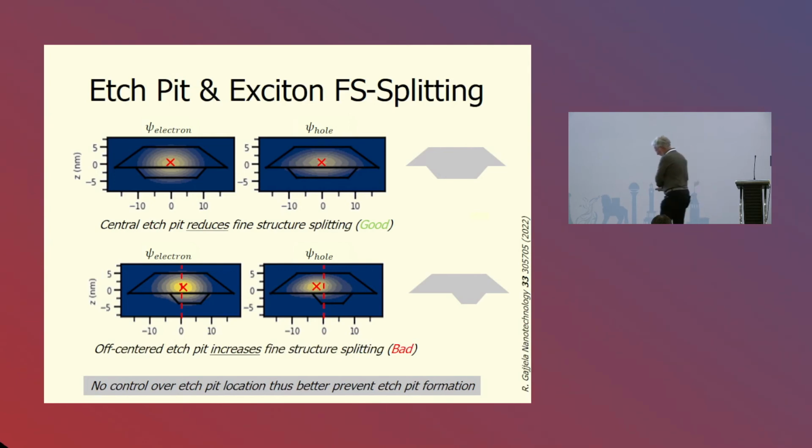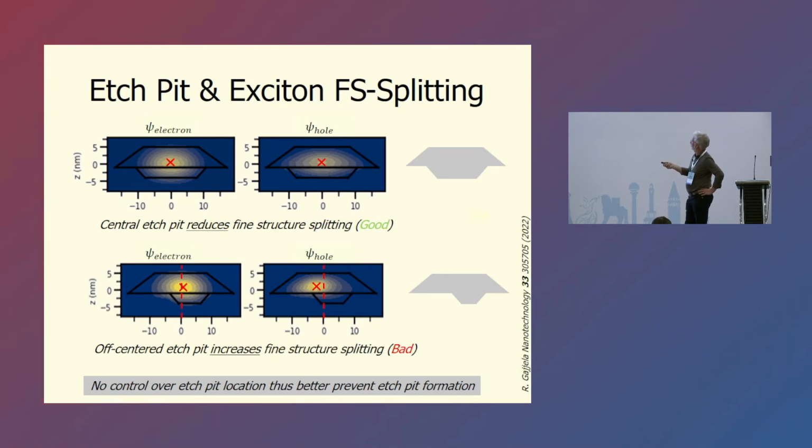We were worried that this edge pit actually also has an effect on the fine structure splitting. If you break this symmetry by pulling the electron and the hole laterally apart by this edge pit, that would increase your fine structure splitting. So we looked at, and this is a modeling we did with the group of Michael Flatté in Iowa, quantum dots with an edge pit underneath.